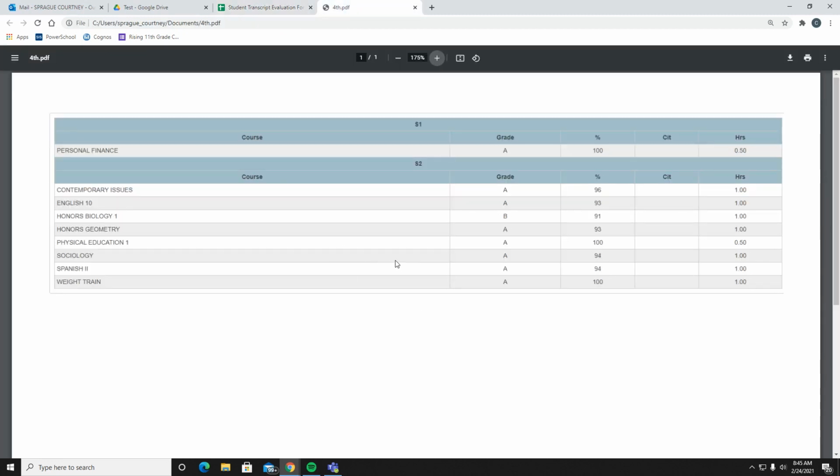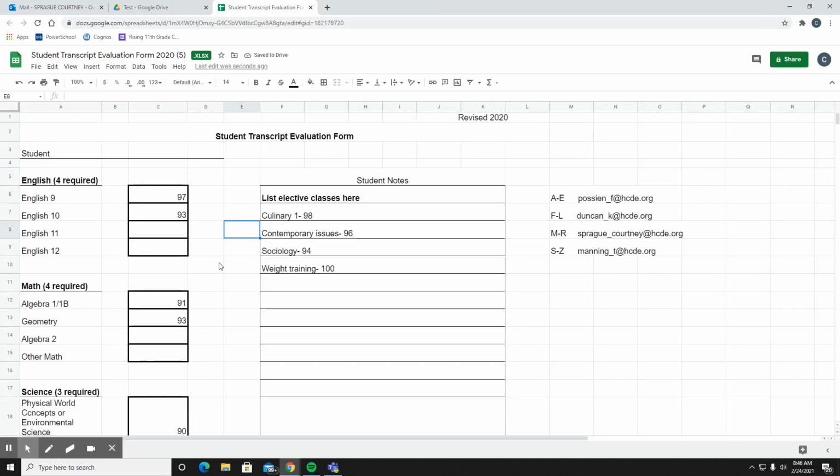So that was all that this student had for sophomore year. So now that we have done all of the classes from last year, we are going to look at the classes from this year. So this student is currently in English 11. So because she hasn't finished it, we don't know that she's going to pass, but we can assume, assuming the student's doing well in this class.